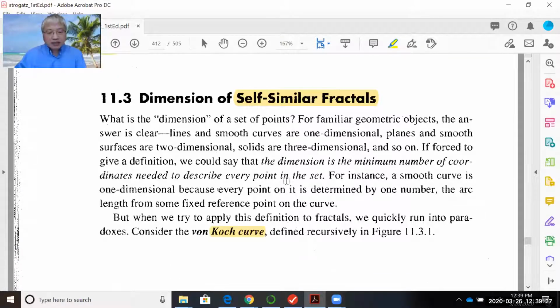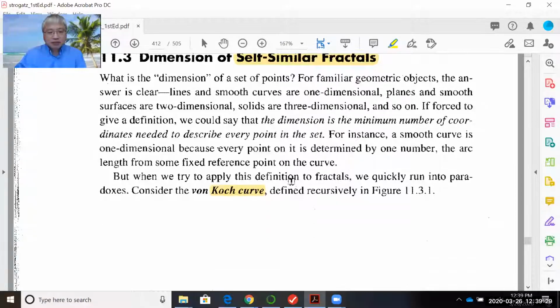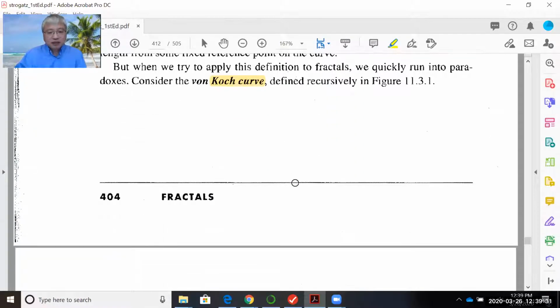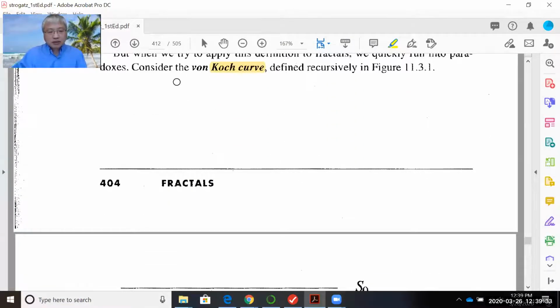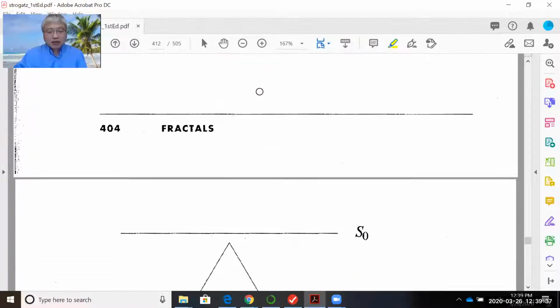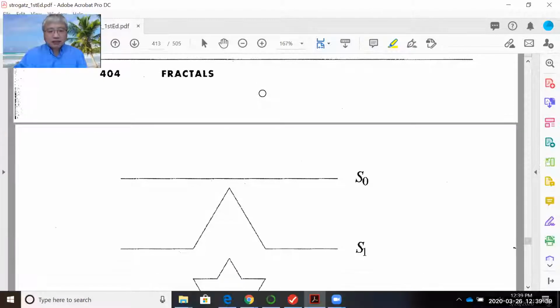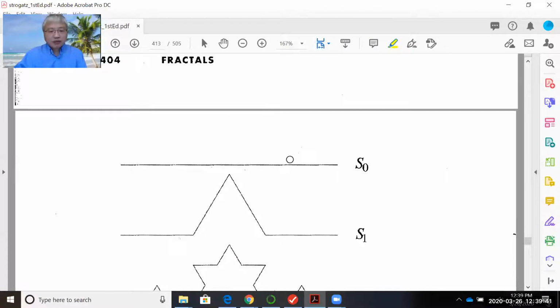Let's take a simple example, the Koch curve, which is defined a little bit similar to the Cantor set, but actually going the other way around. We take a segment, let's say between 0 and 1, and then we divide it into 3 segments: 1/3, 1/3, 1/3.